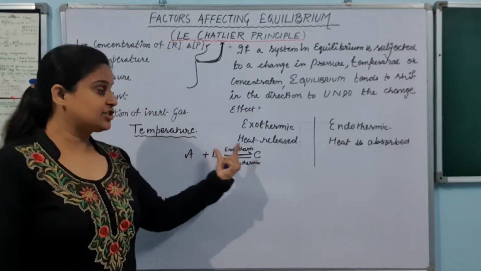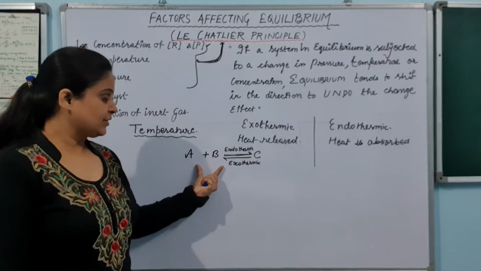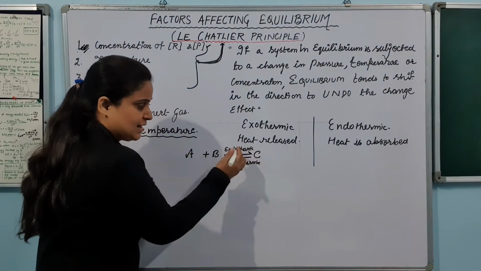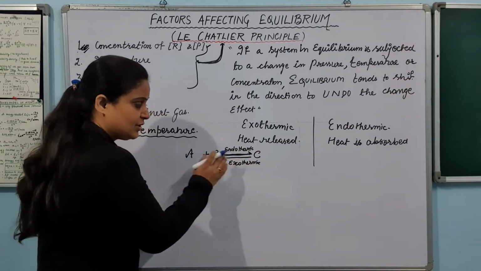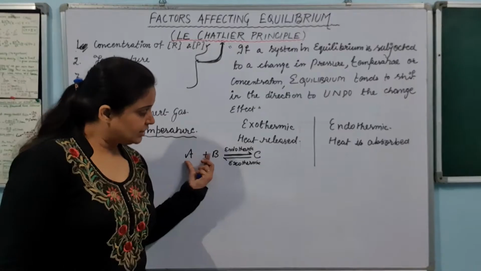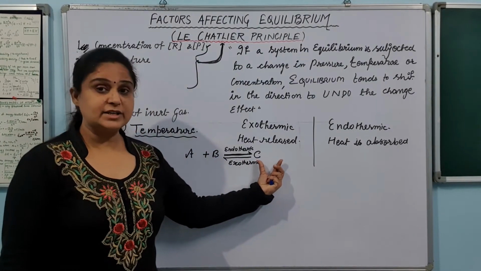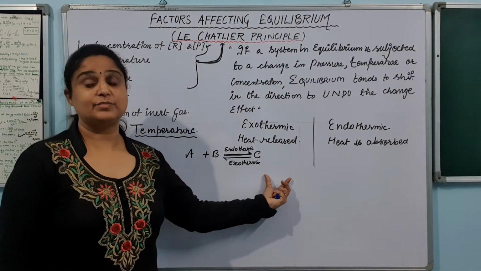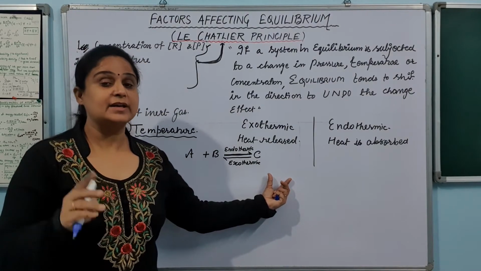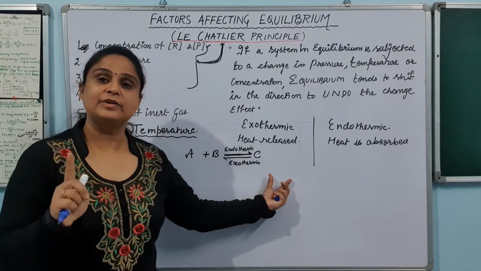In which direction is the temperature being absorbed? If the reaction moves from this side to this side, it is endothermic, so the energy will be absorbed only when the reaction moves this way. So the reaction will move in the forward direction, because you have increased the temperature and the temperature has to be maintained by the absorption of energy.